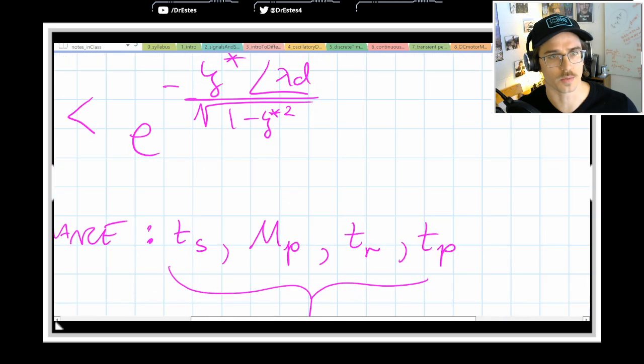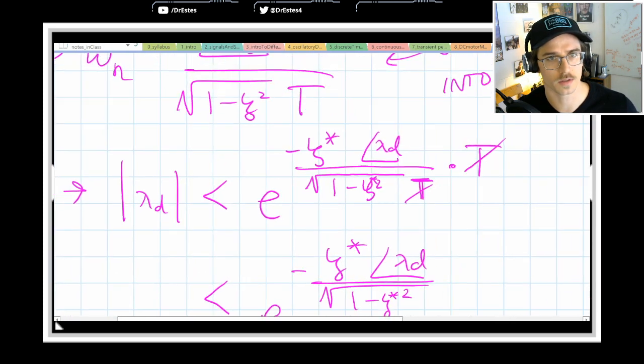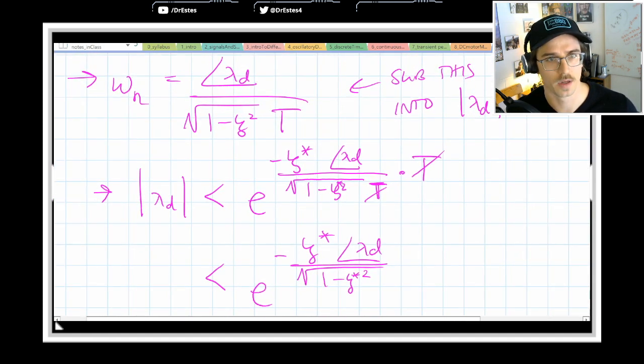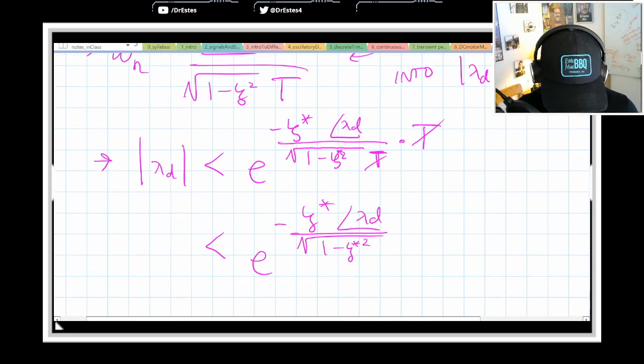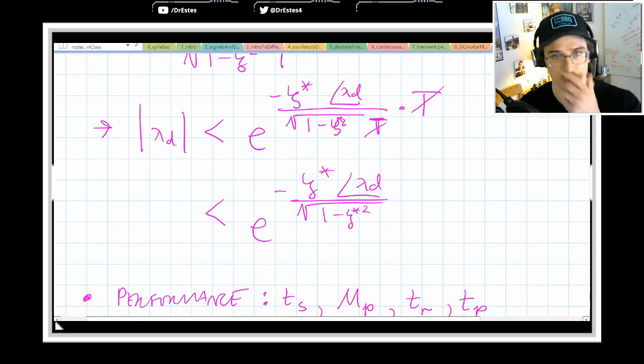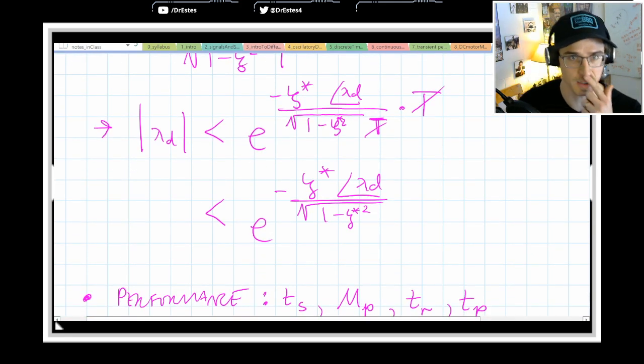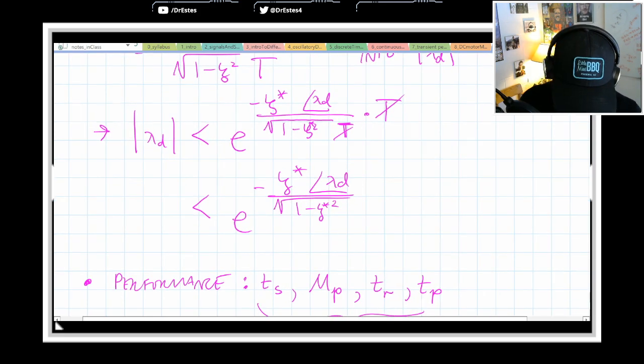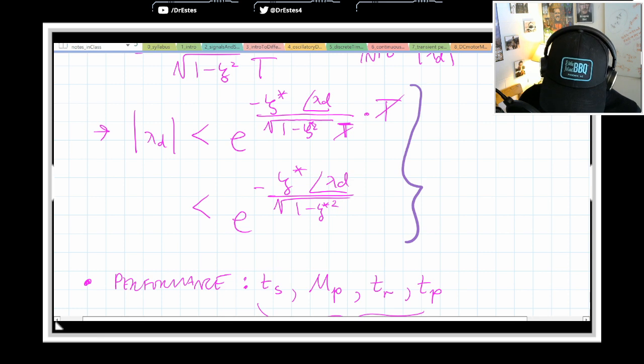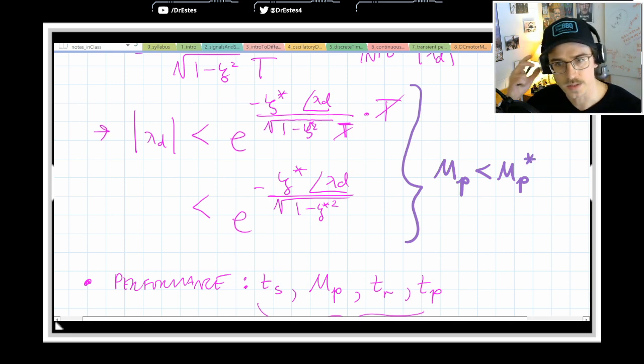All right, so here's the math for the overshoot condition. This is where we stopped last time. These two lines of math right here correspond to overshoot less than some desired overshoot.